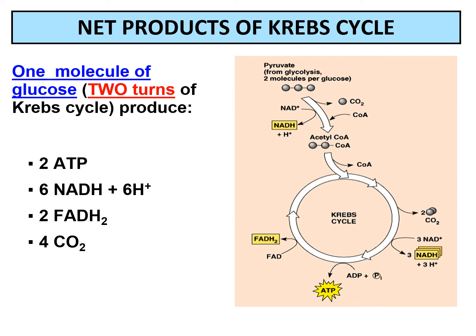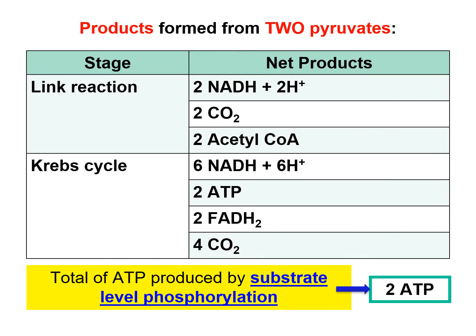If we are discussing 1 molecule of glucose, it means that we have 2 turns of Krebs cycle because we have 2 pyruvates. Remember the difference. The difference is in the number. So products from 2 pyruvate means 1 glucose.